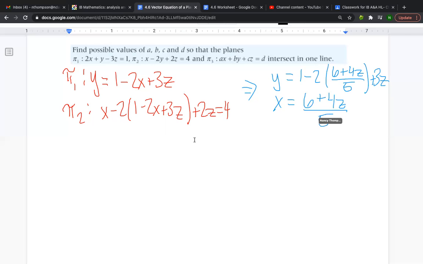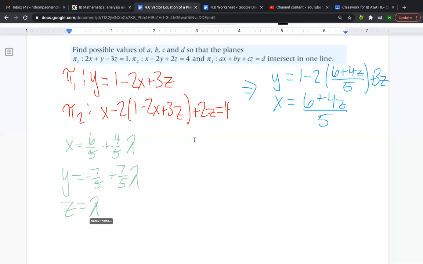Not too bad. So now I can rewrite it in that parametric form. I'll go ahead and do it this time. So we should have x is equal to 6/5 plus 4/5 lambda, y equals negative 7/5 plus 7/5 lambda, and z equals lambda.